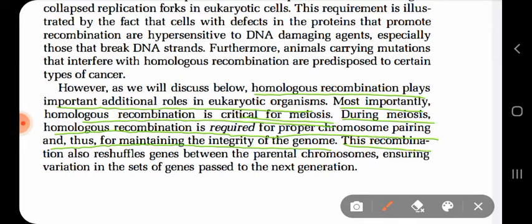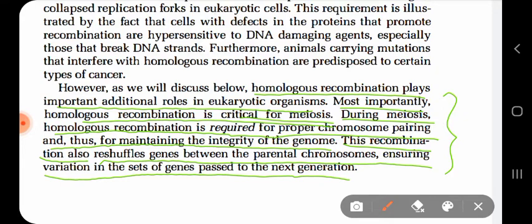This recombination also reshuffles the genes between the parental chromosomes, ensuring variation in the sets of genes that will be passed on to the next generation after meiosis.